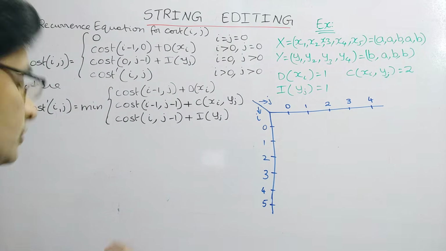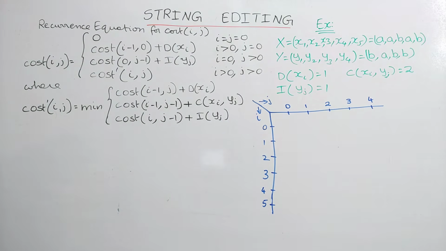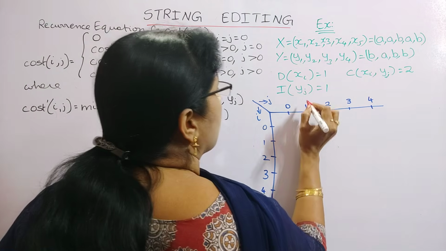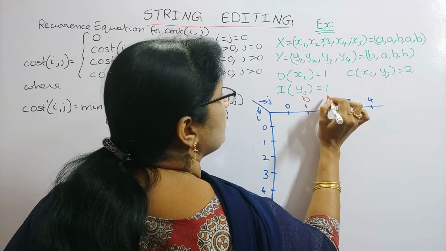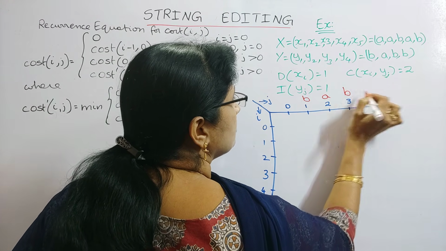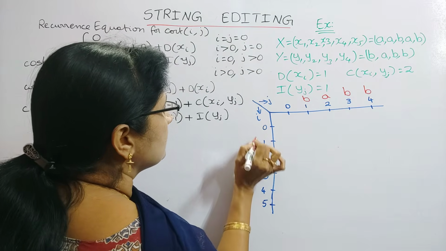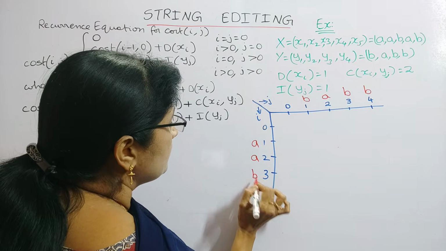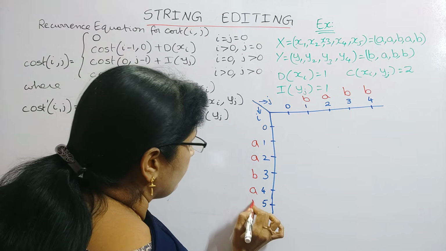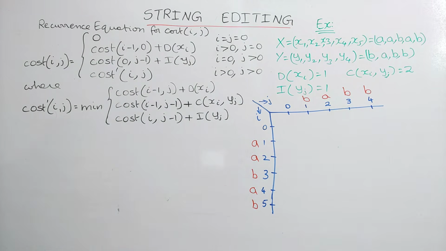First of all you start with a table like this, and you also substitute the values for those symbols. So here you have B, A, B, B. Similarly this side you have A, B, A, B. So these are the symbols.